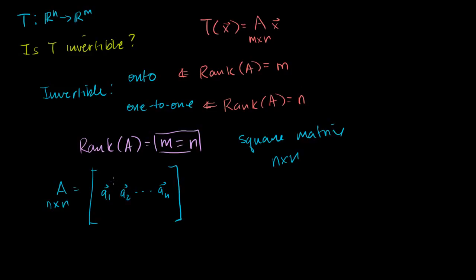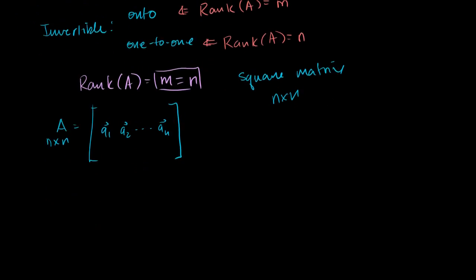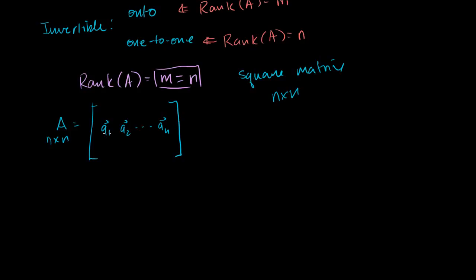But the fact that your rank is equal to the number of columns means that all of your column vectors are bases for your column space. So if you put this into reduced row echelon form, what are you going to get? Well, all of these guys are basis vectors, so they're all going to be associated with pivot columns.